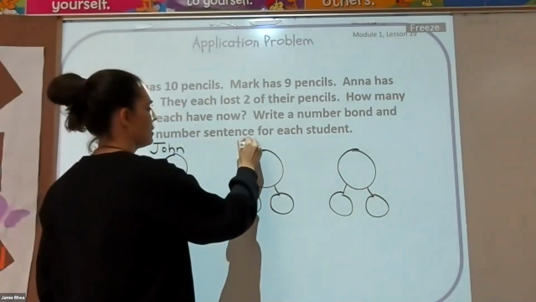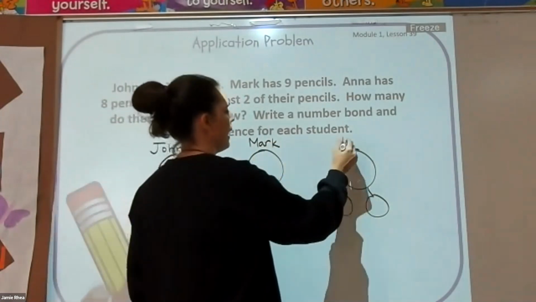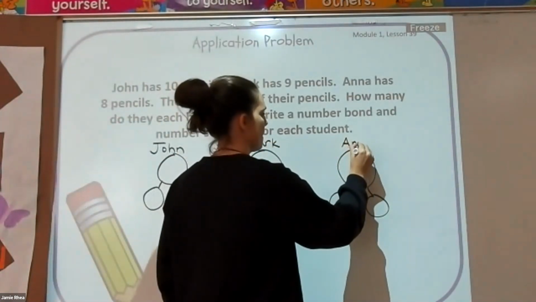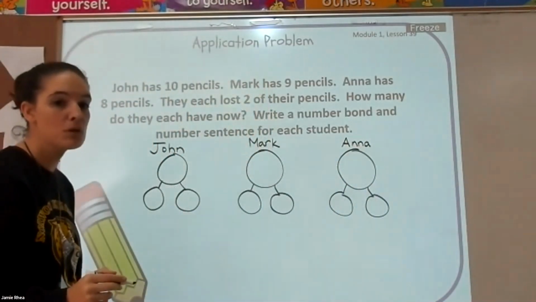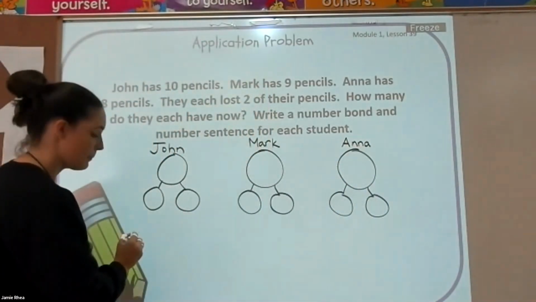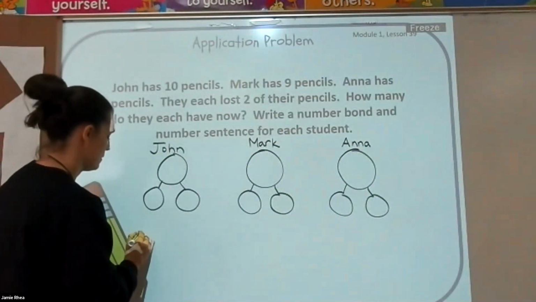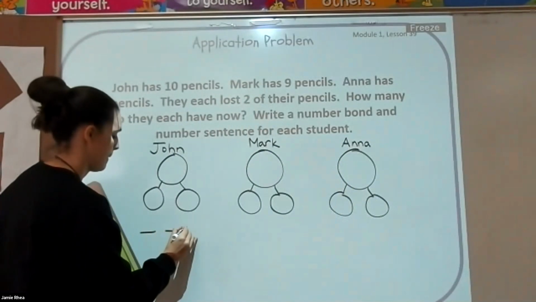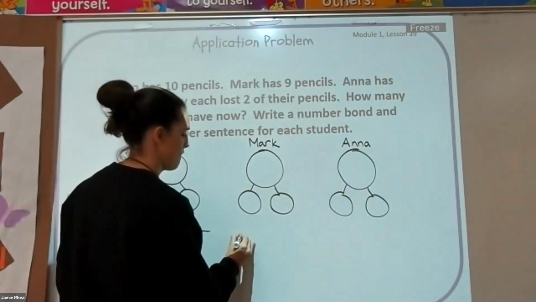This one's going to be Mark. And this one's going to be Anna. Okay. Now it also tells me I need a number sentence for each student. So I'm going to write my blank number sentence at the bottom so it doesn't mess me up. Now, I don't know if I'm adding or subtracting yet, so I'm going to leave that part blank.